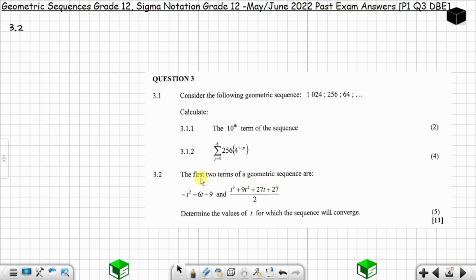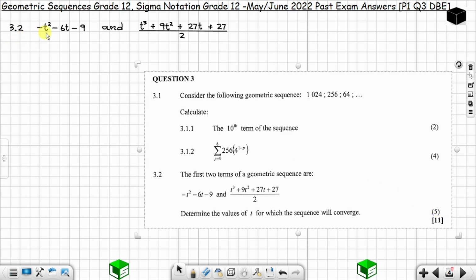You can see negative t squared minus 6t minus 9, and you're also given this, right? Now the question is determine the values of t for which the sequence will converge, right? 5 marks. Okay, you can see you have t in there.